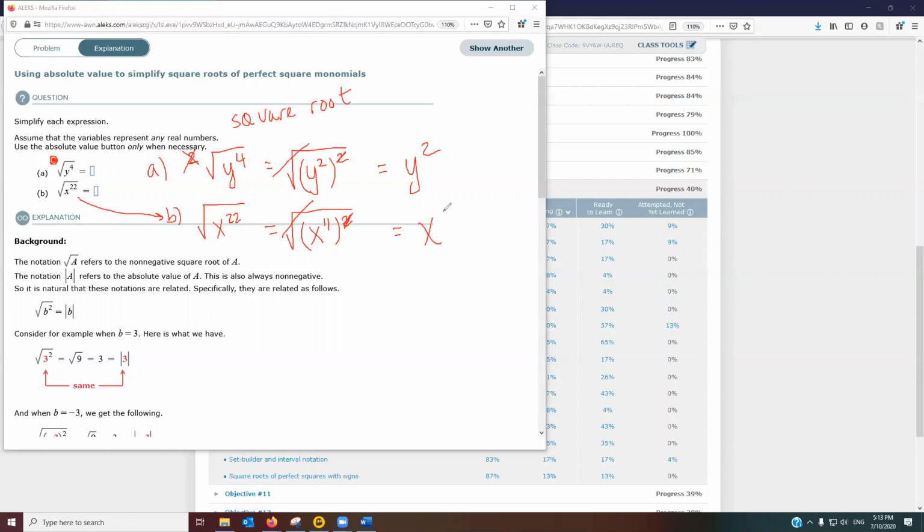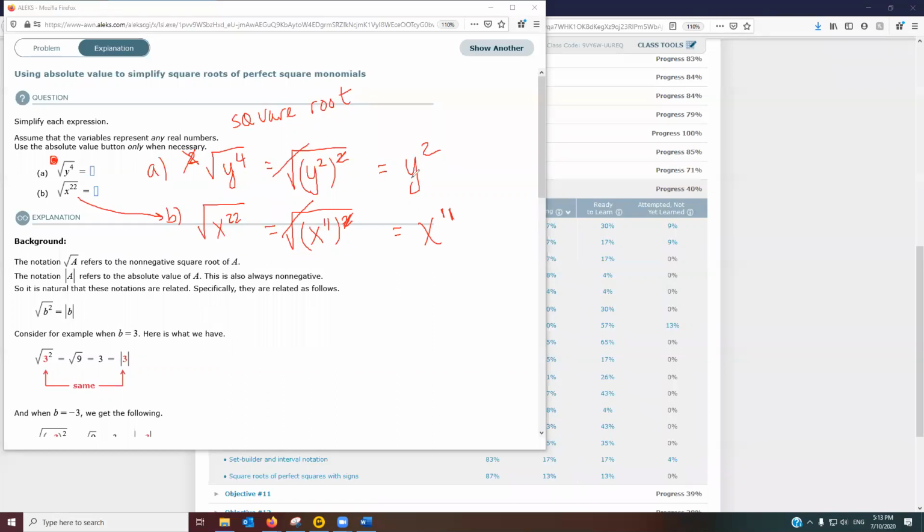And that's going to leave me x to the 11. But I have to go back and think to myself, I might need to use absolute value bars here, because I know what's underneath has to be a positive value. Right? Remember, I'm taking square roots here. I can't take the square root of a negative number.